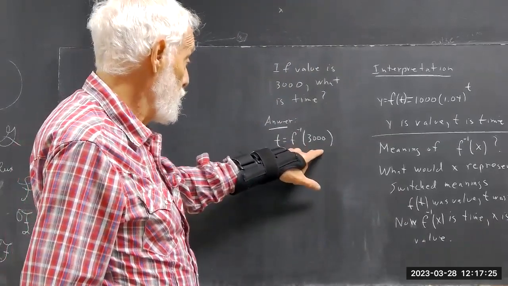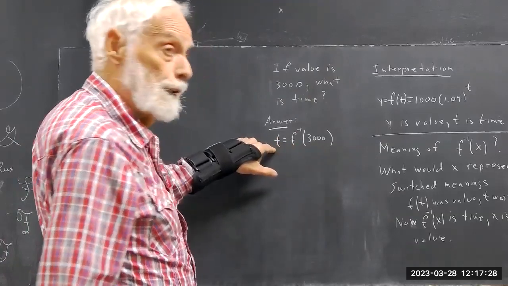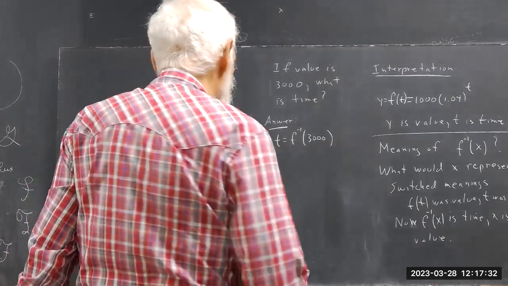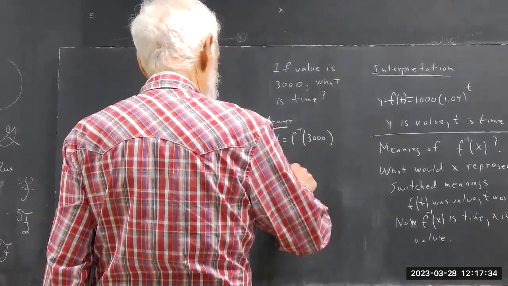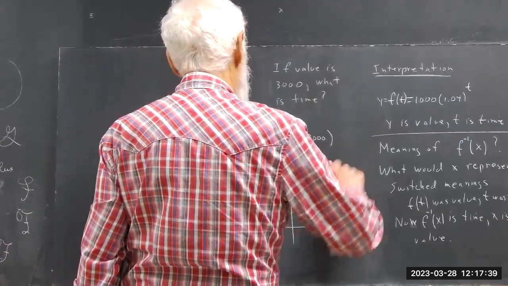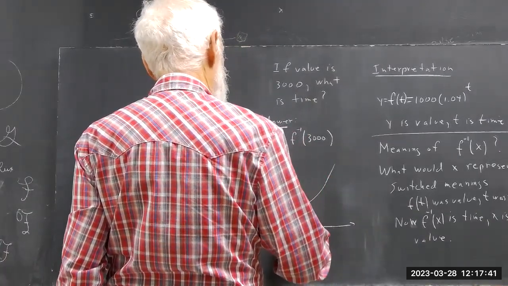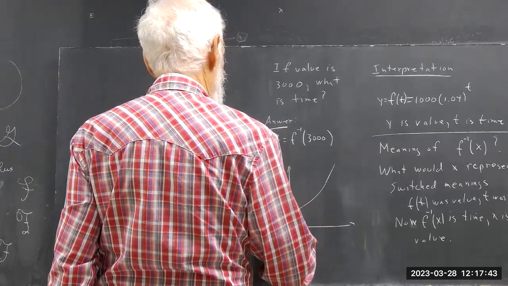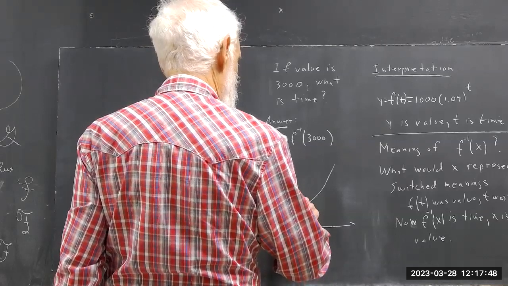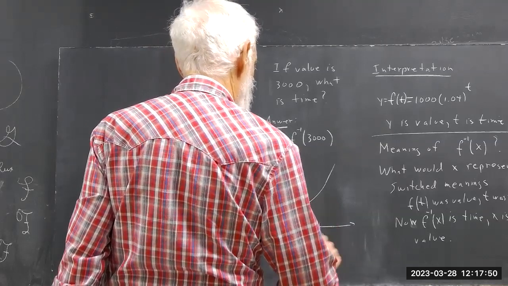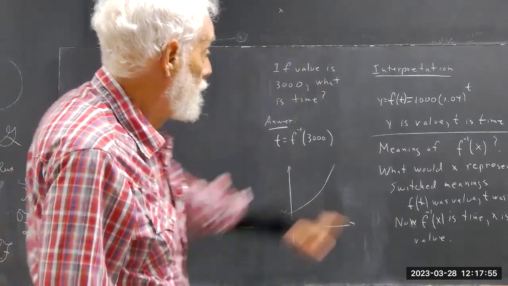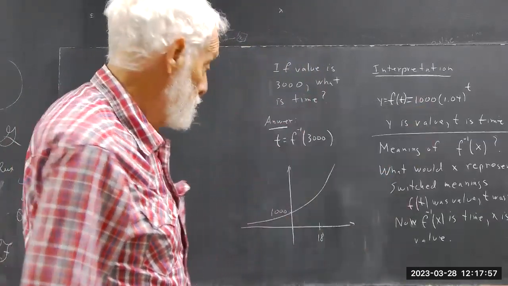F inverse of $3,000 is your time. On the graph, remember, we had 1,000 here in the previous problem, the 1.04 to the T problem.